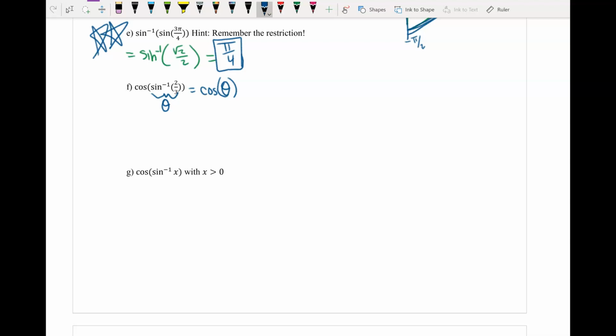Now we've got to figure out what theta should be. Well, I set theta equal to sine inverse of 2/3. That's what I set it up as. I'm going to apply a sine to both sides.